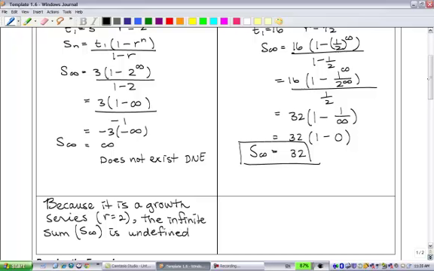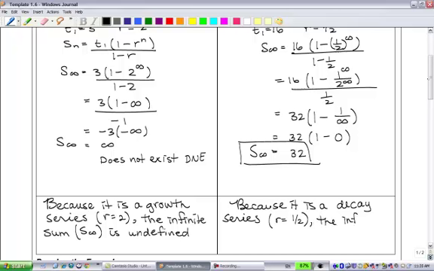In the second case, because it is a decay series, which means that the terms in the series are getting smaller. How do I know it's a decay series? Because the common ratio is in between -1 and 1.